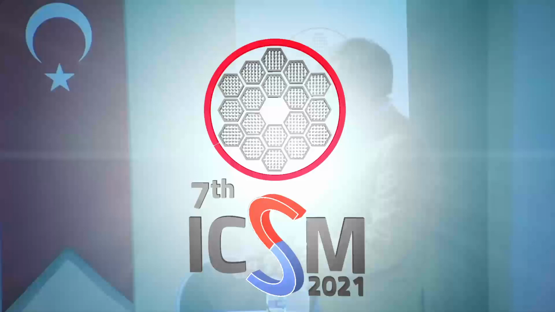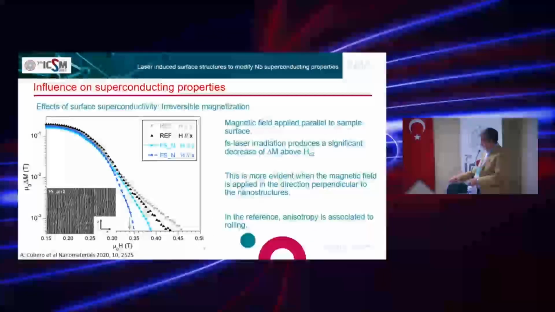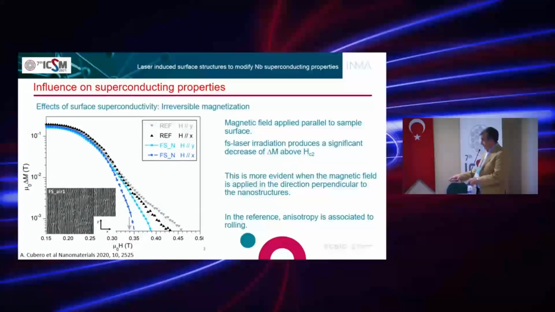You have a linear polarization on your laser, and all the nanostructure is perpendicular to it. So this is induced by the laser, not by the previous anisotropy you have on your sample.